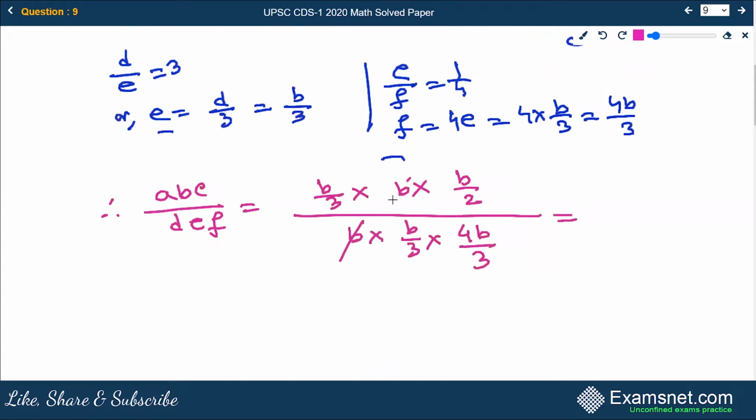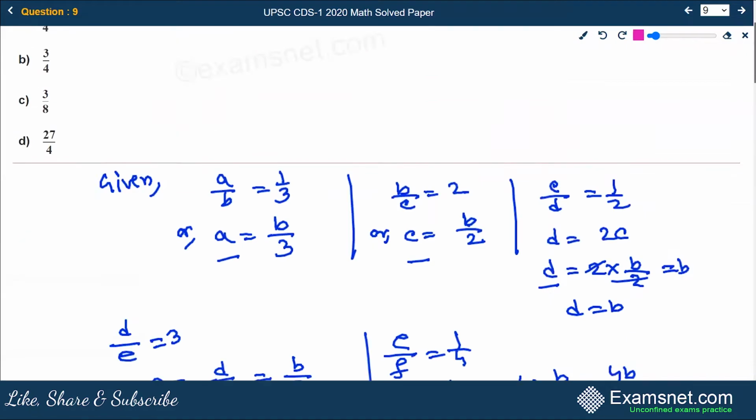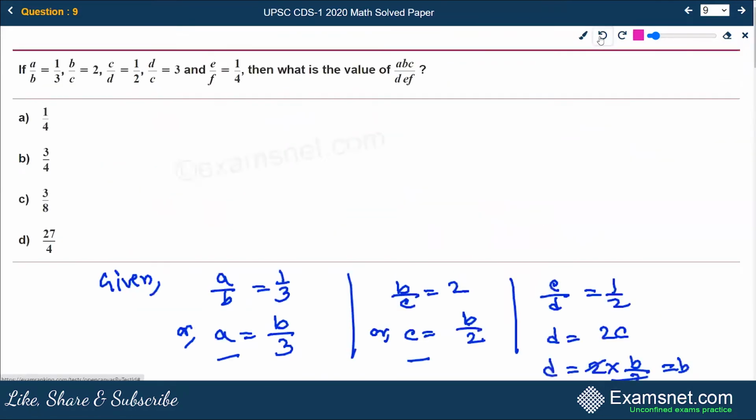So both B got cancelled. B by 3 got cancelled. Here also BB got cancelled. It becomes 2 multiplied by 3/4. So this is B by 3, and here it's B by 2.